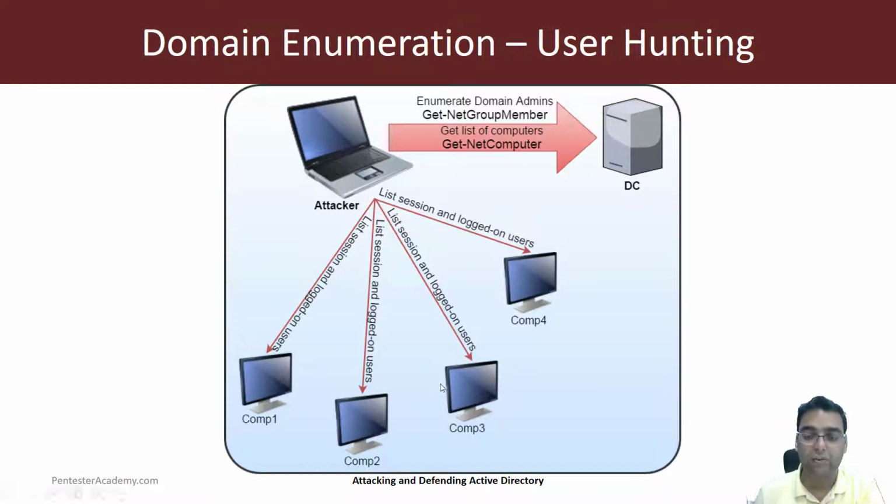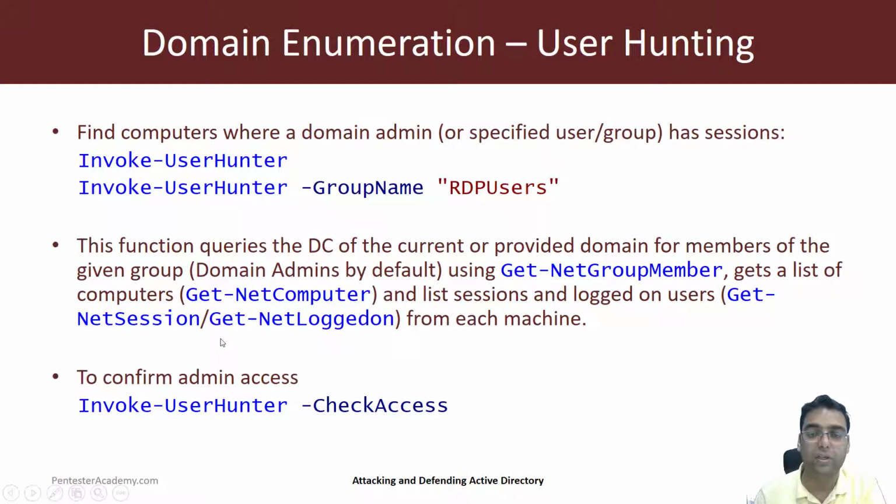Let's say on this machine called comp3, it lists the sessions and finds out that there is a session from a user who also happens to be a member of the domain admins group. Then it will tell us that a domain admin token is available on comp3. That is how this particular function works, right? Without any option, it looks for membership of the domain admins group. We can specify a group or user.